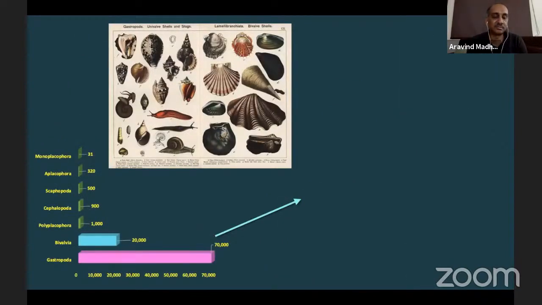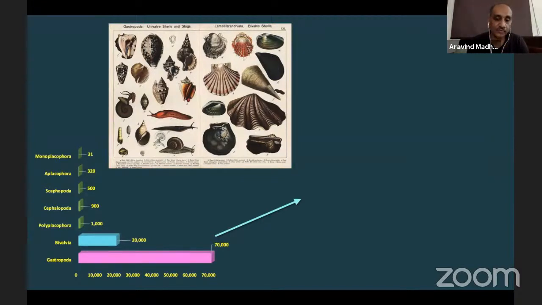Mollusk basically means soft-bodied. The animal inside the shell has a very soft body. Sometimes the shells are inside the animal body, like squids or octopus, but in the majority of cases the shells are outside and the soft body is inside. There are 7 orders of mollusks.